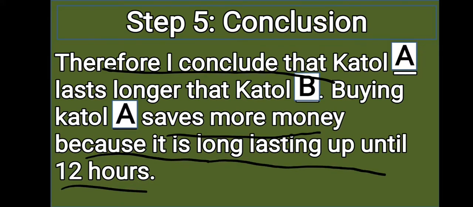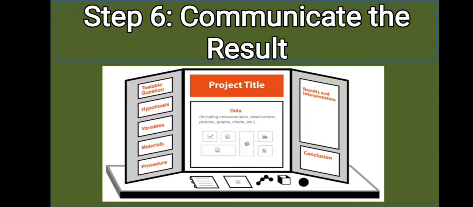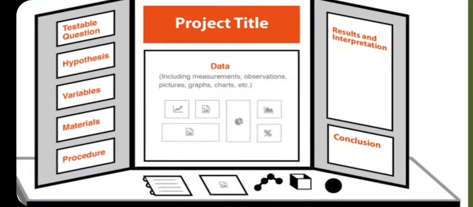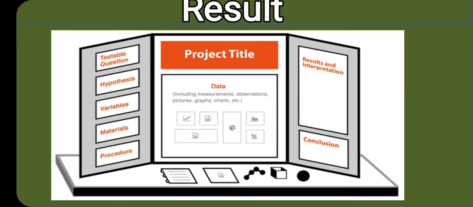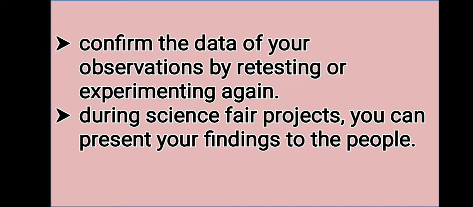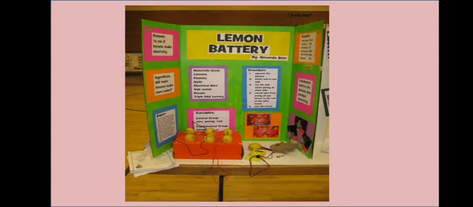Of course, the last step is to communicate the result. This is how you portray your result. You need to write your project title, then data, testable questions, hypothesis, variables, and all the rest. I have an example of how you are going to present your research.